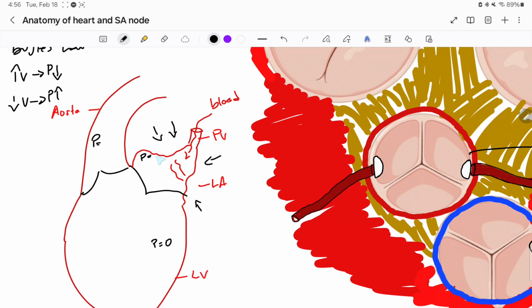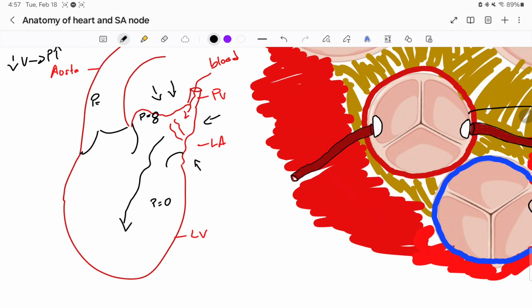And the pressure in here, with all of this contracting, went from 0 to about 8. This pressure difference between the atria and the ventricle is enough to open up these valves. So these valves open, and this blood that was previously inside of the atria is now getting pushed out into the ventricle.